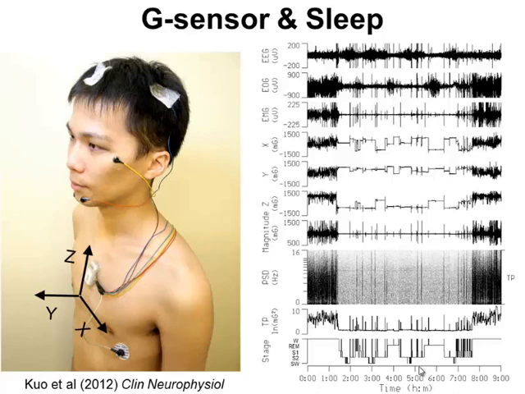This stage has been defined with the standard R&K sleep staging system. So you can see the G sensor signal is in very good accordance with the standard staging system.